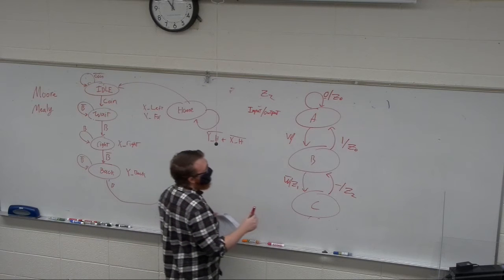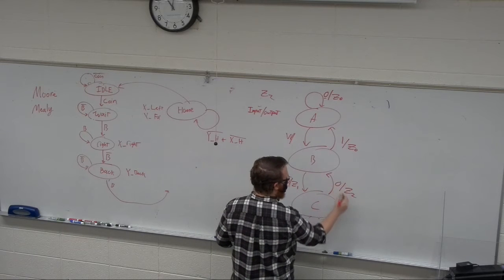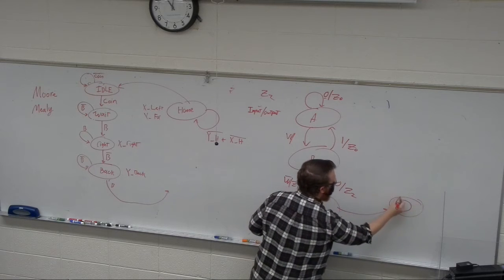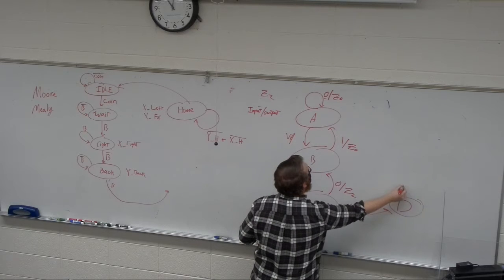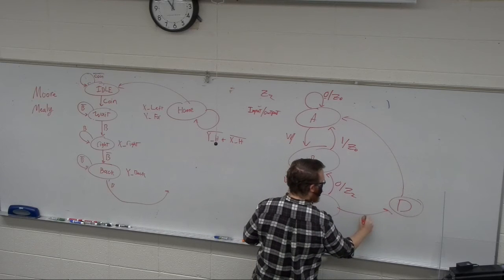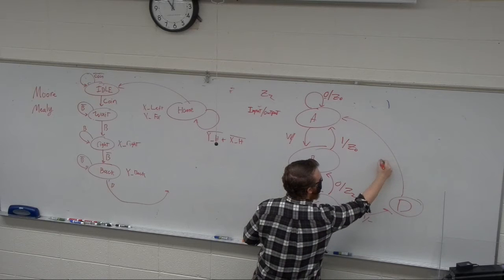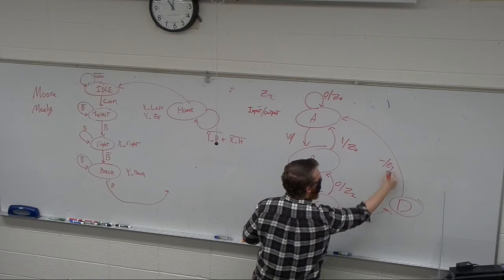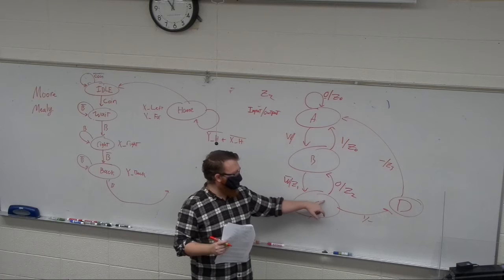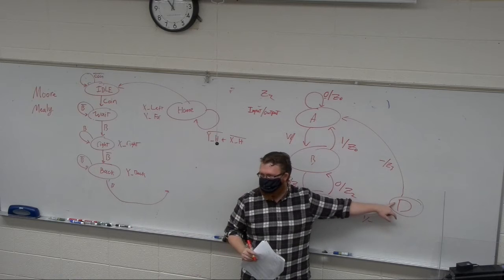So if I had something like that, I had a state D. The next state for D and C are different, but B and D have a shared next state.